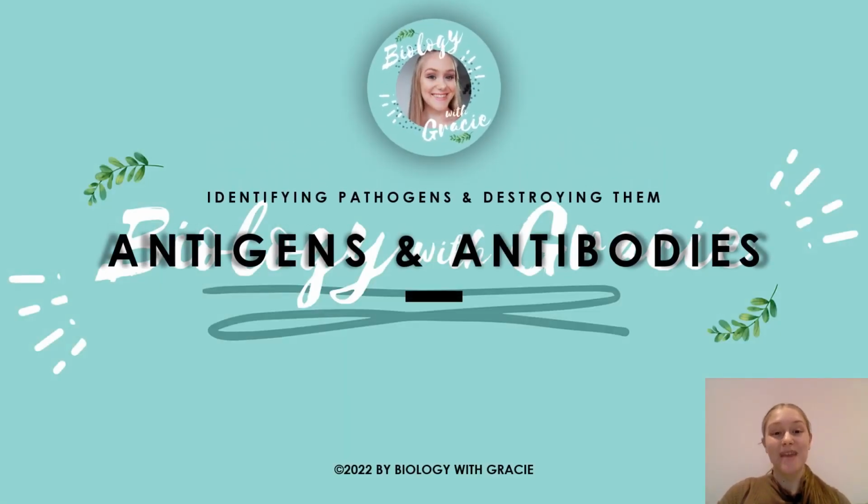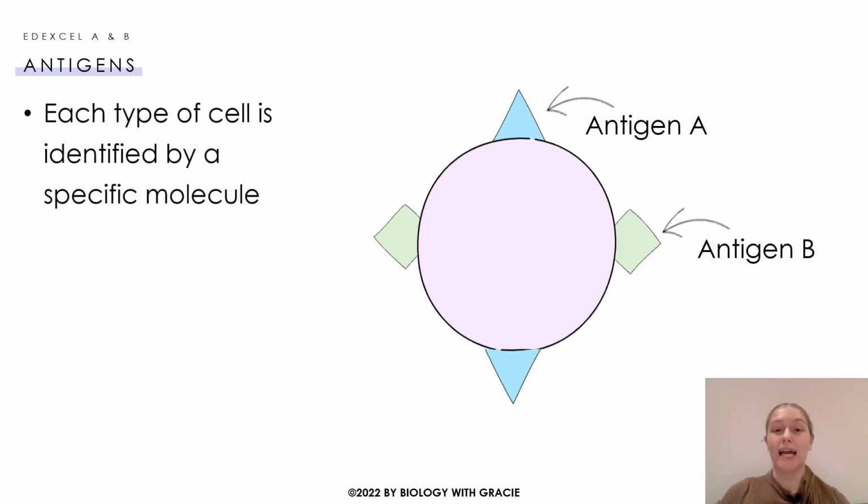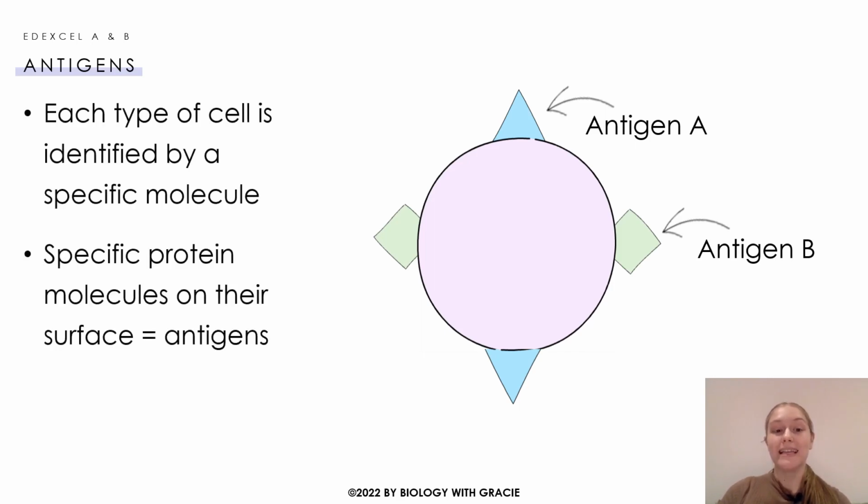So, following on from that, we're now going to talk about antigens and antibodies and how we can identify pathogens via their antigens and how we can destroy them through antibodies. Each type of cell is identified by a specific molecule, and this specific molecule, which is actually a form of protein, is known as an antigen, and these are found on the surface of cells.